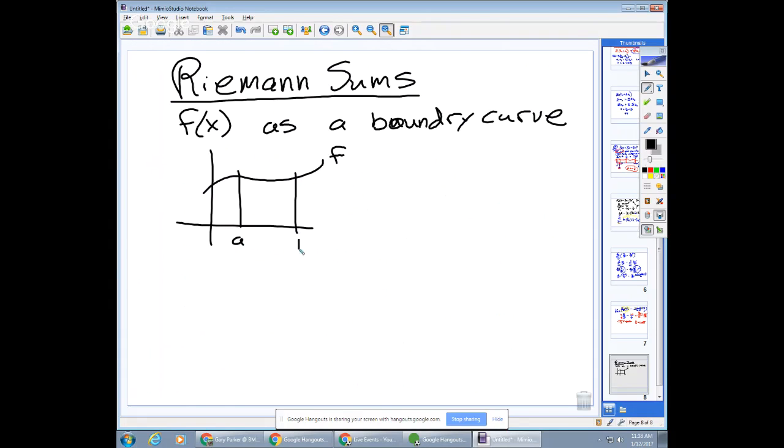And usually we have starting points A and B, and it doesn't have to be interpreted this way, but the most popular interpretation is we're looking at the area under a curve. That's why I'm calling it a boundary curve. We have this strange curved top, but nice straight sides and a straight bottom. The next step is choosing to partition the interval. And the idea of a Riemann sum is it could be absolutely any partition.